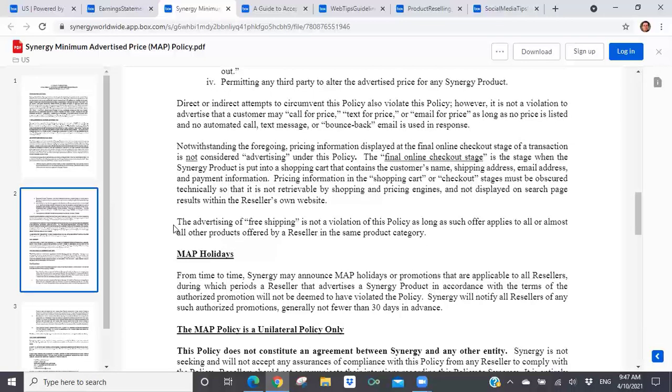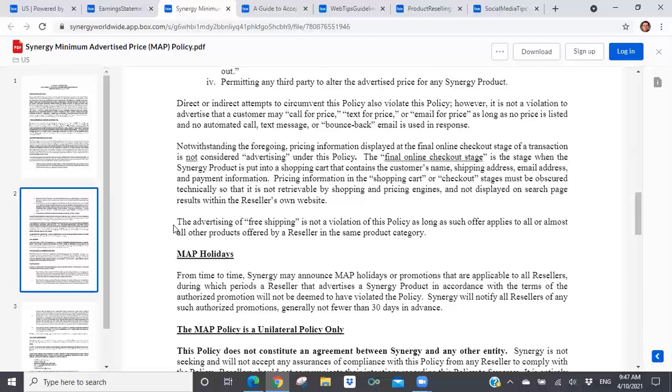It would have to be any order: one box, two boxes, three boxes, four boxes, the Jumbo Jar or Jumbo Jar Plus one. I would give them the free gift as a way of saying thank you. And I would assume that free gift would be the same as free shipping, as long as I'm applying it to all products in that category. Does that make sense?